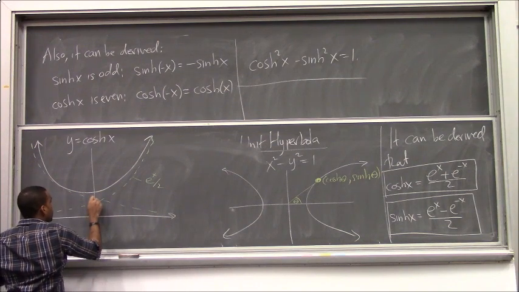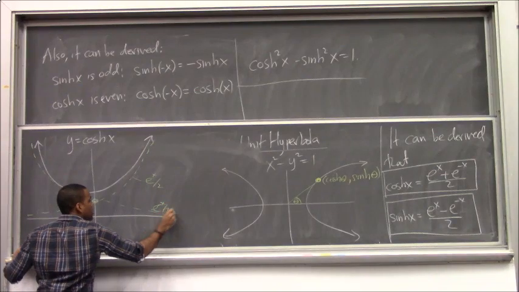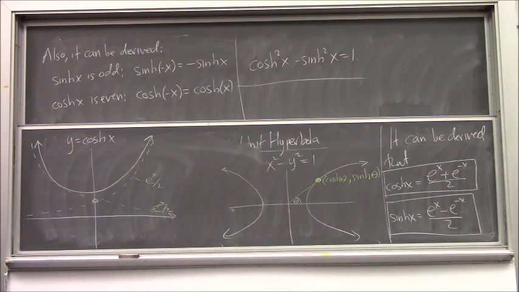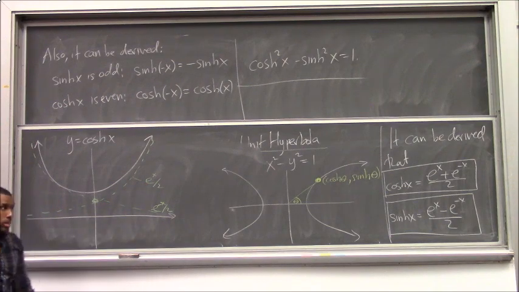These should actually go through the origin. And e to the minus x over 2. When you add both of these together, you get the cosh, and it kind of sits on top of that. So it looks like a parabola, but it actually increases exponentially, right? So it actually grows a lot faster than any parabola.